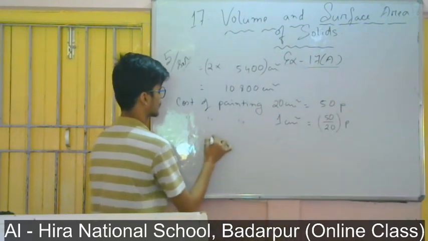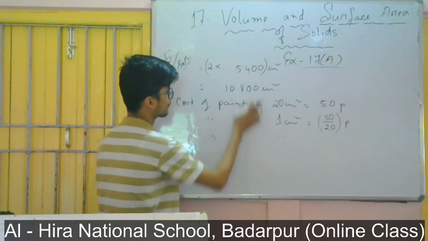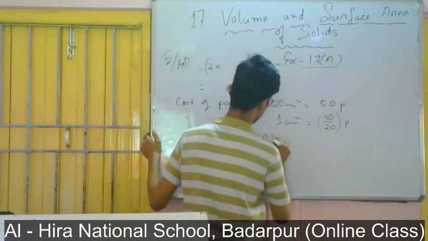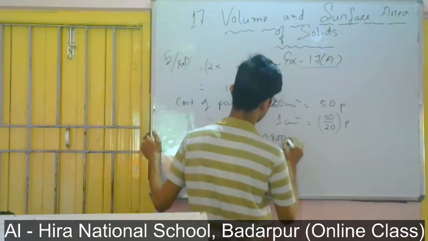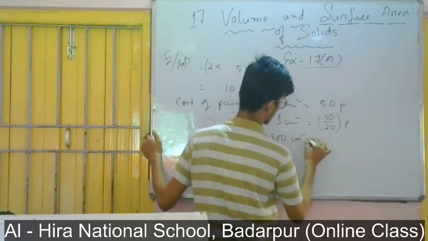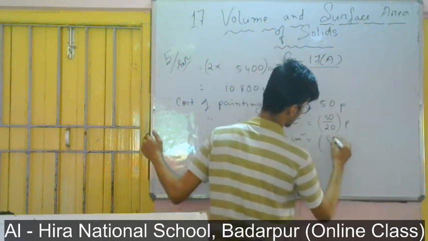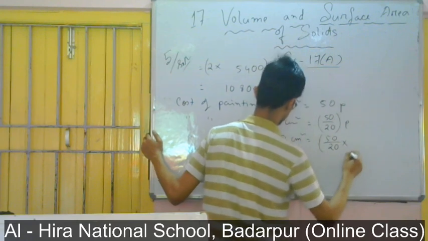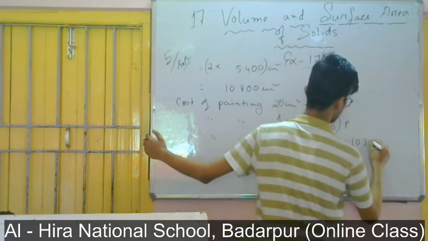Then cost of painting we have to find for this one 10800 cm square equals to 50 by 20 into 10800.